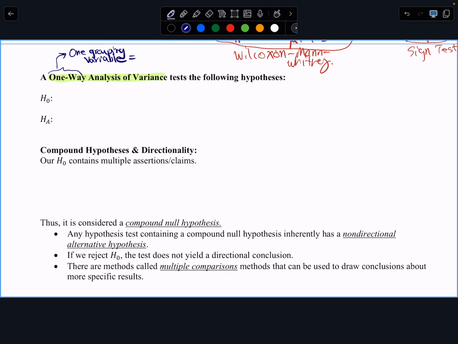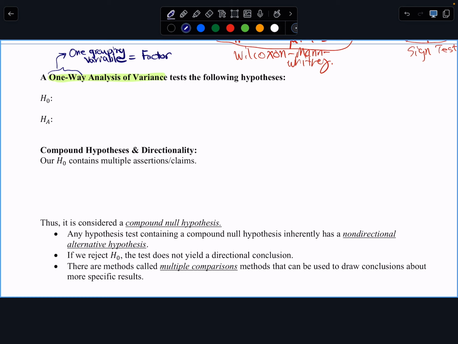But this one way ANOVA is the only one that we're gonna look at. Sometimes this one grouping variable we call a factor. So if you go online and use notes online to study, some people might call this the one factor ANOVA. Most places use one way ANOVA. But there's a two factor ANOVA, so on and so forth.